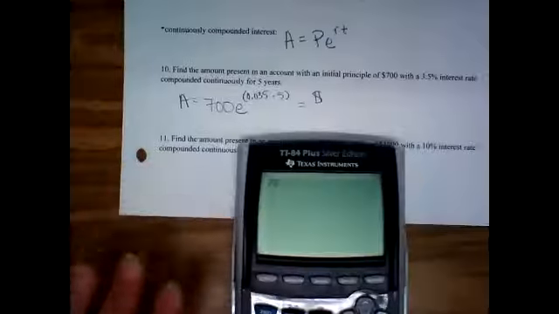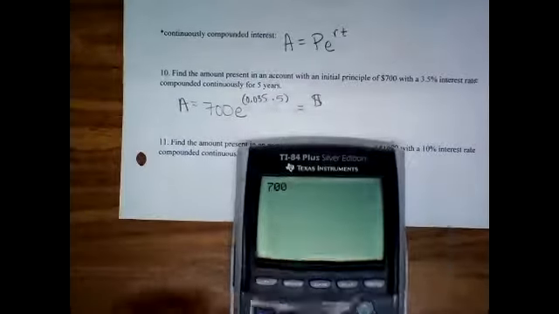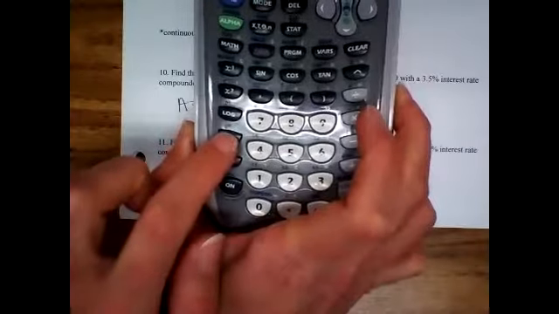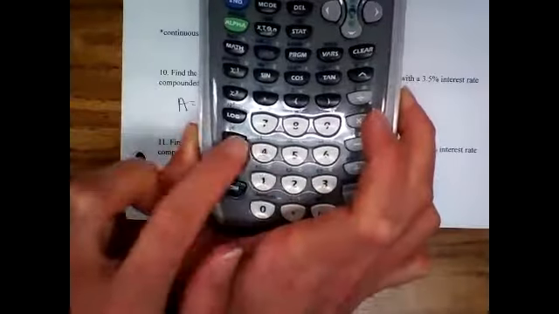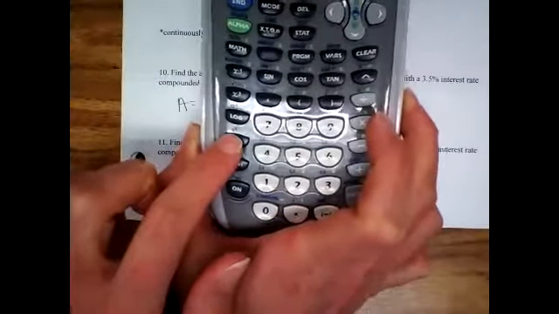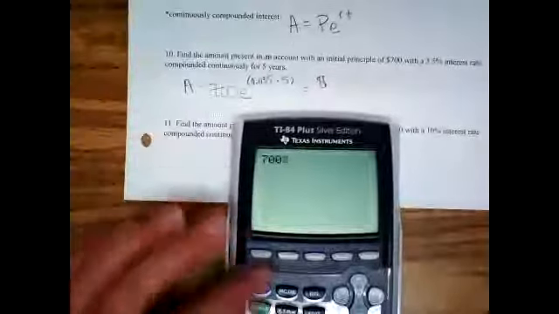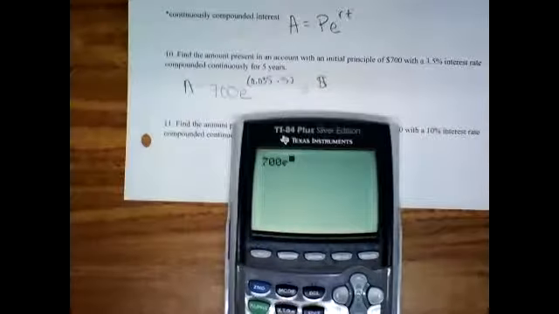Everyone type 700. E is right next to the 4, there's a button that says LN and above it, it says E. Since it's above that button, you hit second LN and it will put E on the calculator screen.